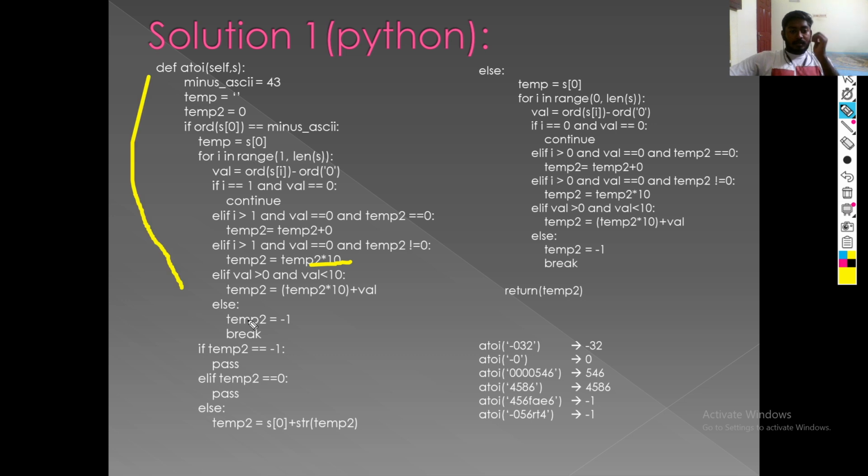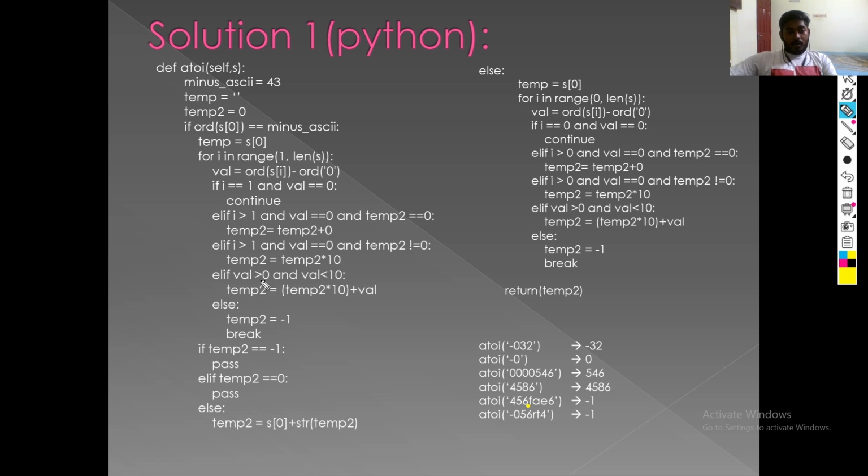After that, we are giving another else statement: else temp2 is equal to -1, break. Whatever value comes at this stage, for example, if it passes from this place, it will not be valid.